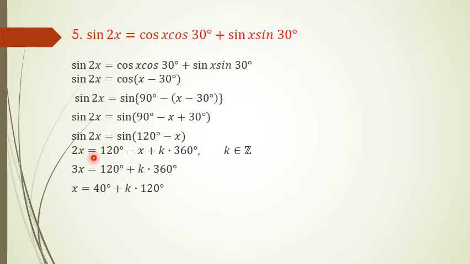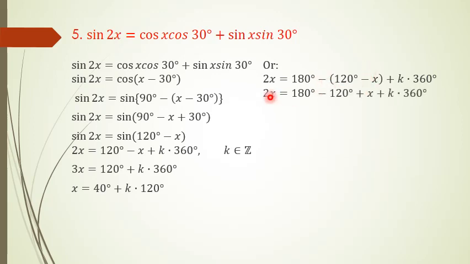Then we have to find the other solution in the second quadrant. In the second quadrant, 2x is equal to 180 minus our reference angle (120 minus x) plus k times 360 degrees. Then removing brackets here, this negative and that negative will make a positive.